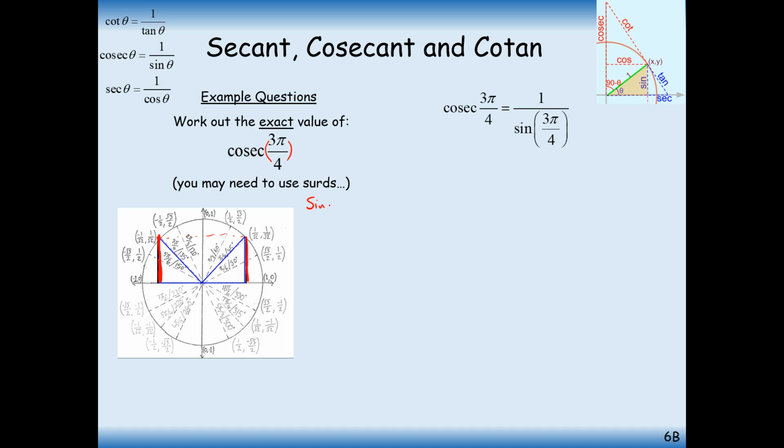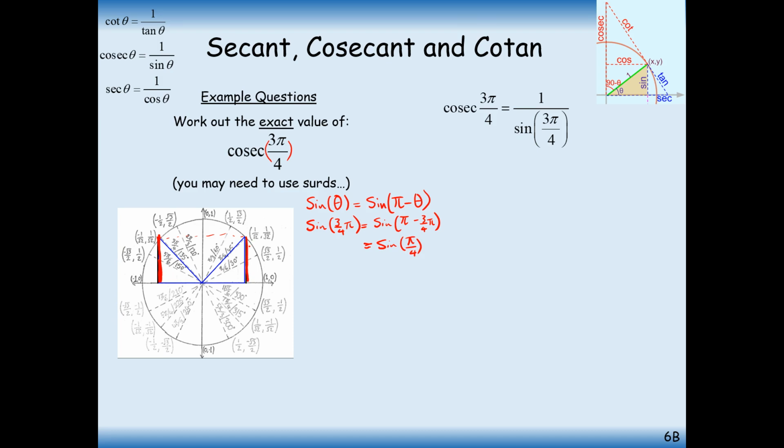Because of the trigonometric identity that sine of any angle is equal to sine of its complement from 180 degrees, or pi minus that angle. So sine of 3/4 of a pi is the same as sine of pi minus 3/4 of a pi, and that is sine of pi over 4.